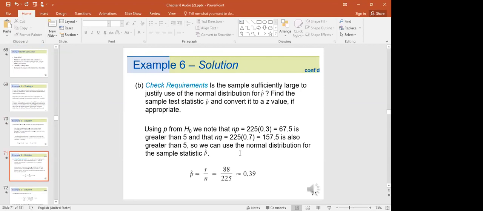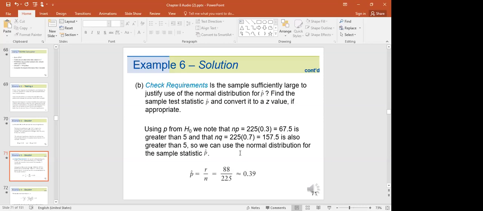go to Start, Test, and we will use option 5, which is one proportion Z-test. P0 is the null hypothesis, P equals 0.3.